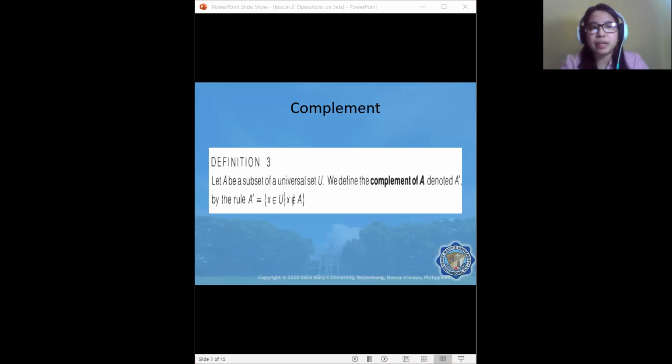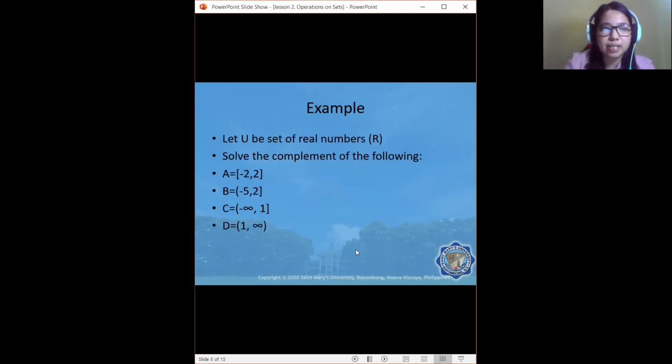By the rule, A complement is equal to {x an element of U, where x is not an element of A}. In other words, the elements of A complement are the elements of the universal set U not in A. Okay, so let us consider an example.